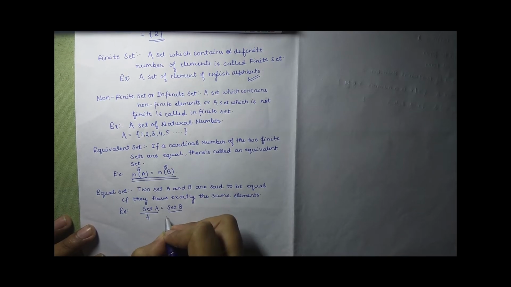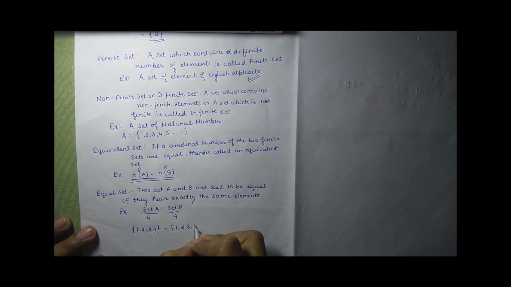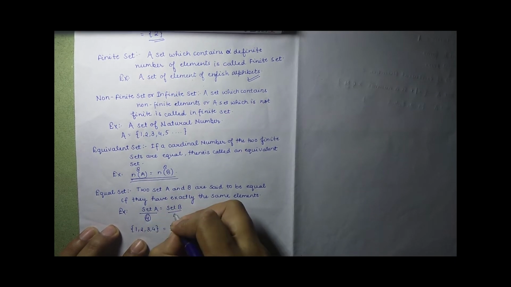Here the number of elements is the same, 4, and the elements are the same, so they are called equal sets.